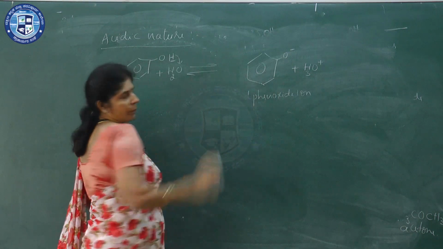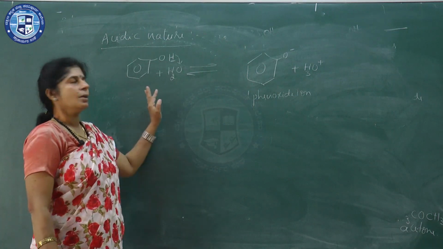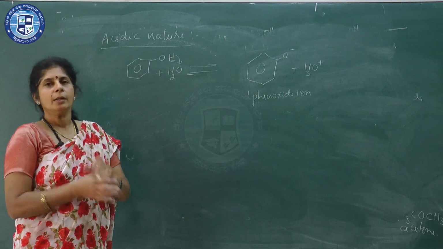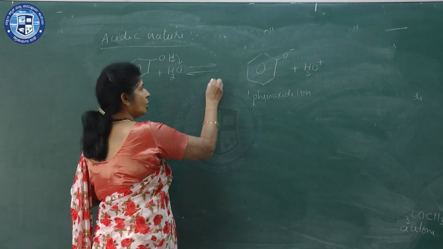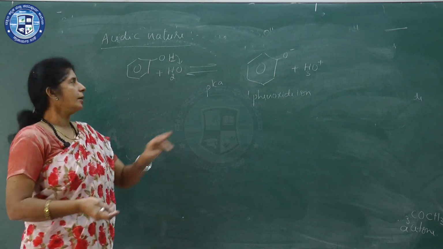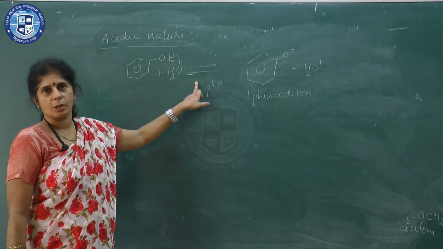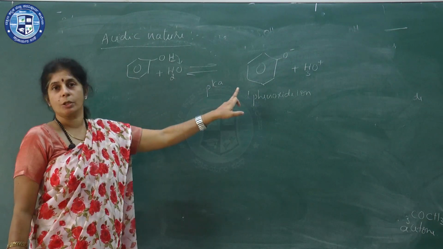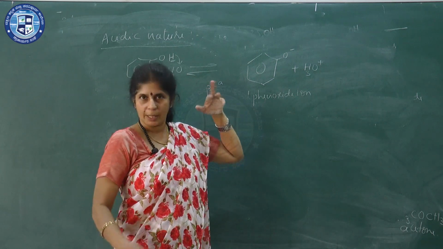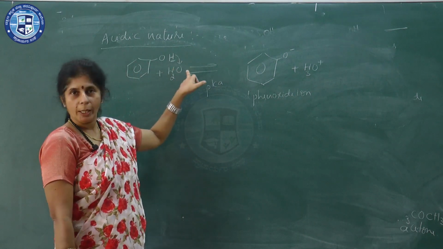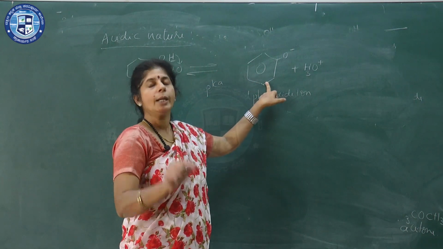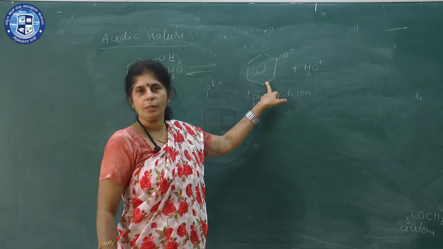Now there is an equilibrium, it is not 100%, there is a certain percentage, it is a weak acid now, right, the pKa value is quite large, so it has a low acidic character. That is why equilibrium is existing. So if this reaction proceeds in the forward direction, that means the phenol donates the proton and forms phenoxide ion, then only phenol is acidic in nature.